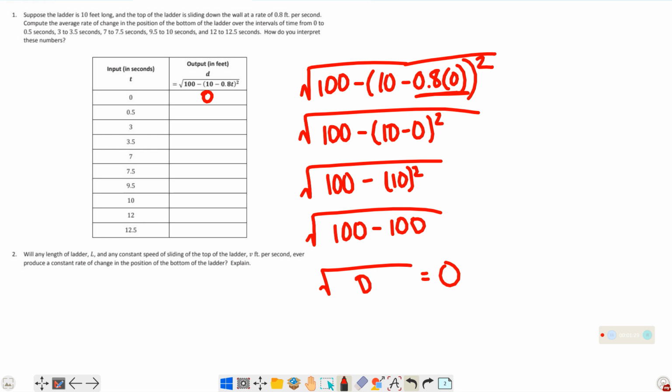Now we're going to use 0.5. So I'm going to replace the 0 in the parentheses with a 0.5. 0.8 times 0.5 is the first step. So we're going to multiply 0.8 times 0.5 to get 0.4. Ten minus 0.4 is 9.6.